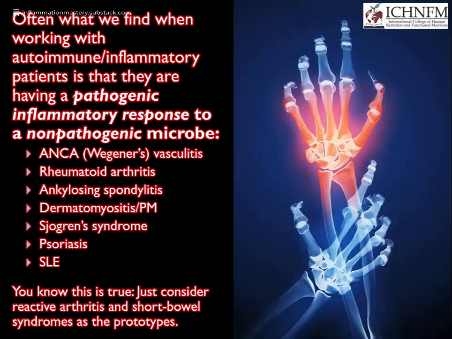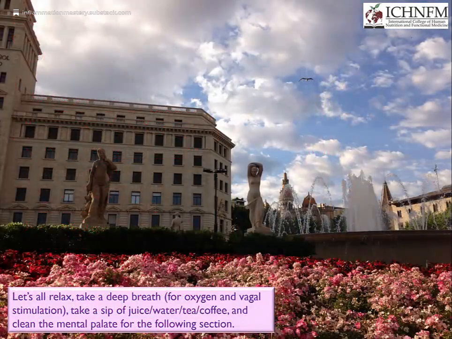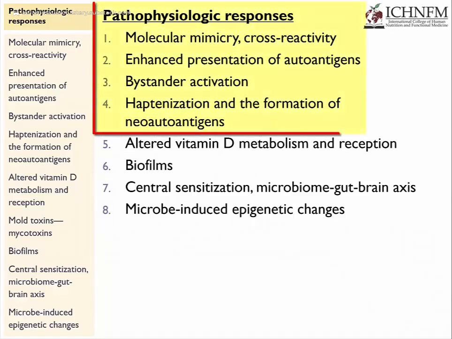Number two, we want to support immune function so that the immune system does its job of controlling and/or killing off these so-called offensive microbial populations. And number three, we want to promote tolerance to these benign bacteria, and that's the immunotolerogenic protocol or nutritional immunomodulation. And with that, I've reached the end of our quick review, and we're going to dive into the new material that we have here on pathophysiologic responses.